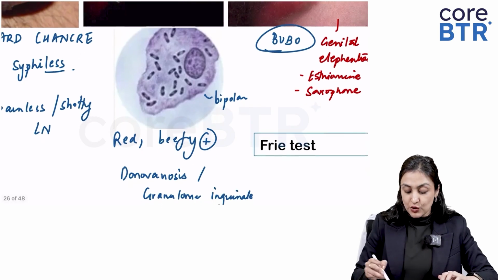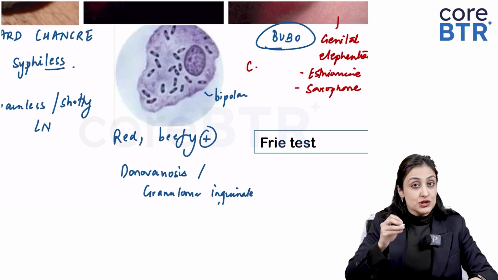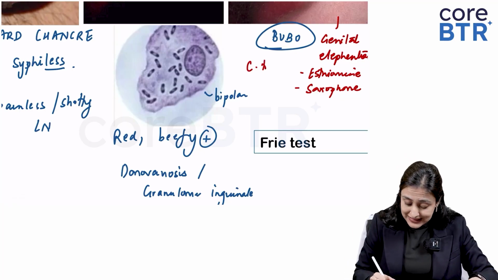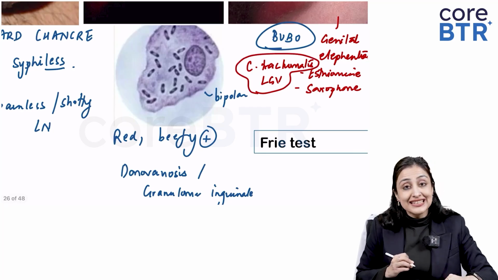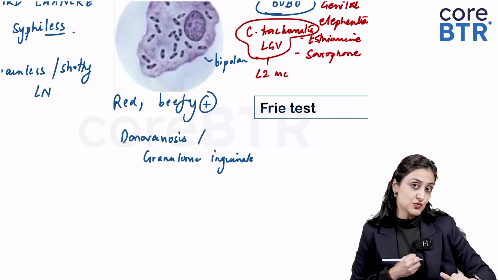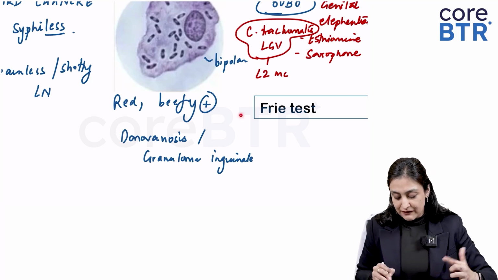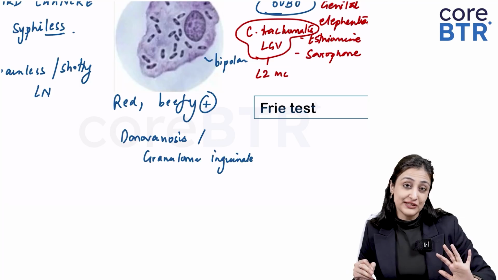So these are all complications because of the lymphatics getting involved. So this bubo is caused by Chlamydia trachomatis, and that is LGV, lymphogranuloma venereum. Out of L1 to L3, it is the L2 strain which is most common. So this is Chlamydia trachomatis, and this is where you have a test called the Frei test.